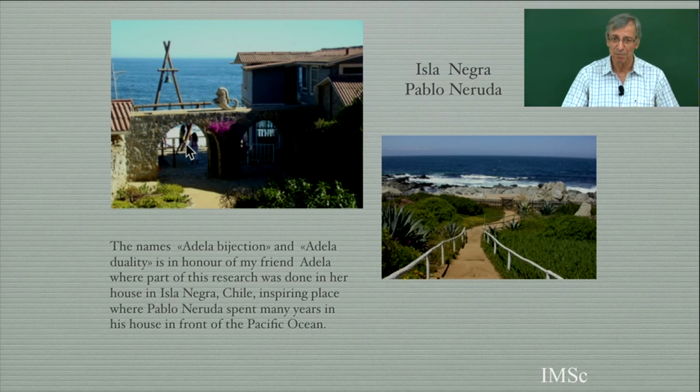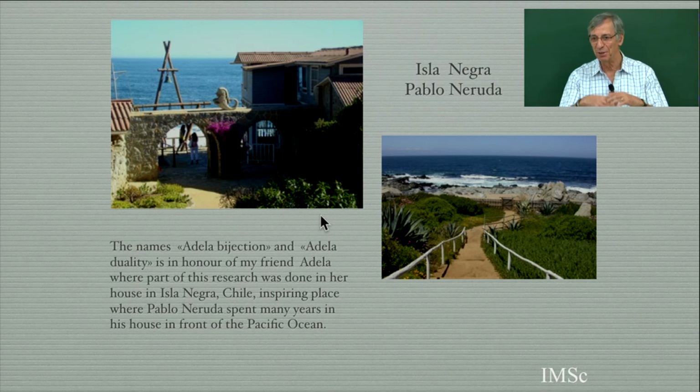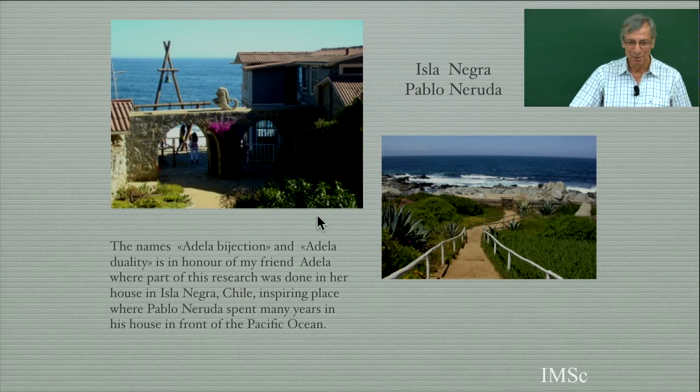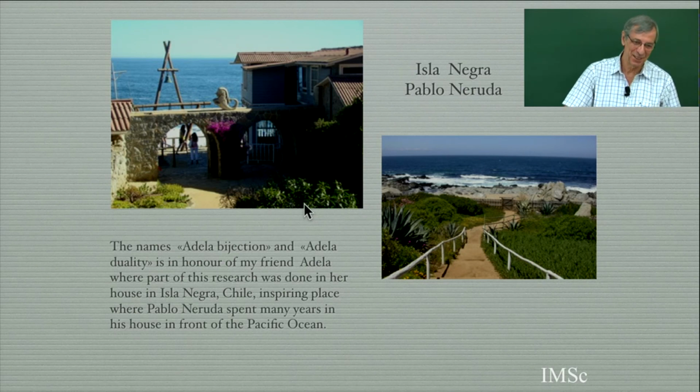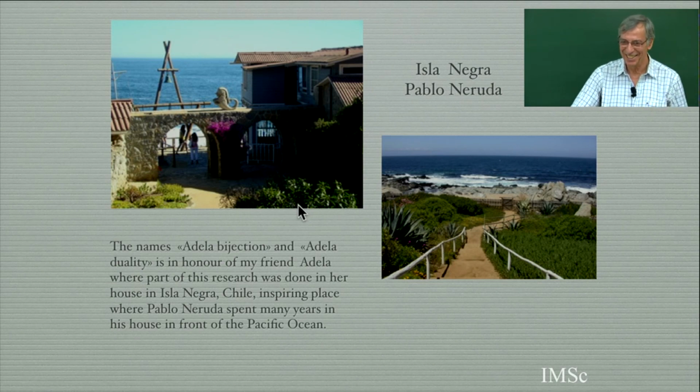This is the house of Pablo Neruda near the Pacific Ocean, and with Marta we have a good friend Adela who gave us a house, and in her house near on this beautiful place, Isla Negra, I was inspired by all this demultiplication of equations. So in honor of my friend, I put the name Adela. She's not at all a mathematician, but I need a name, and I put Adela bijection and Adela duality to remember the beautiful moment in Isla Negra.